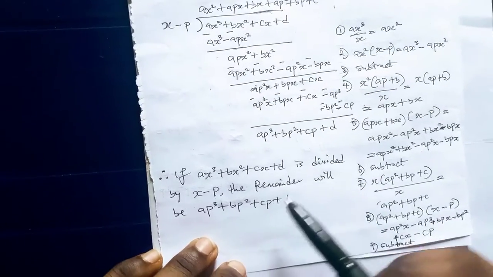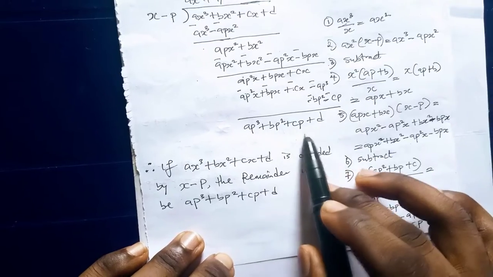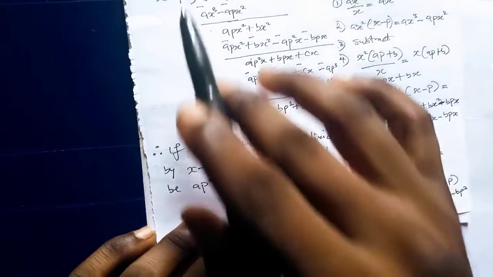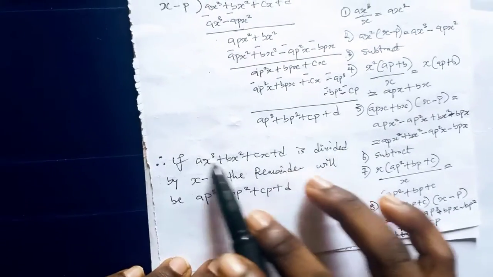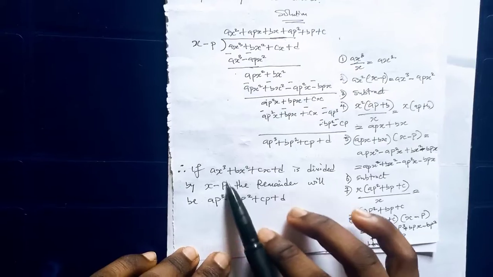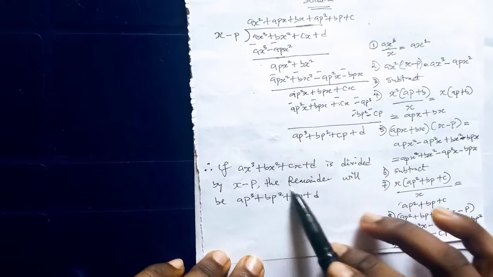So you will discover that this will be your remainder. Now, this is still the same thing that the remainder theorem is talking about, that if a cubic equation is divided by a factor of x minus p, the remainder will be this.